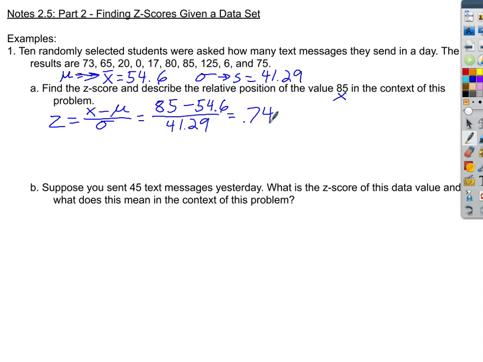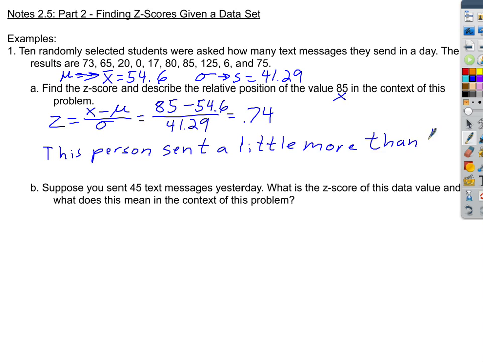So in the context of this problem, this person sent a little more text messages than average. A z-score of 0.74 is a little more than the mean, so it's a little more than average, but it's not unusual. So this person sent a little more than the average number of text messages.